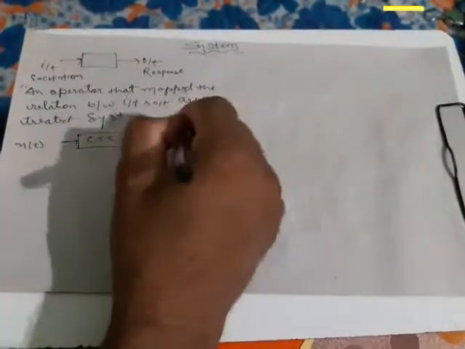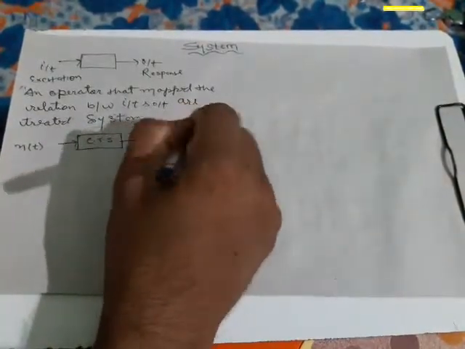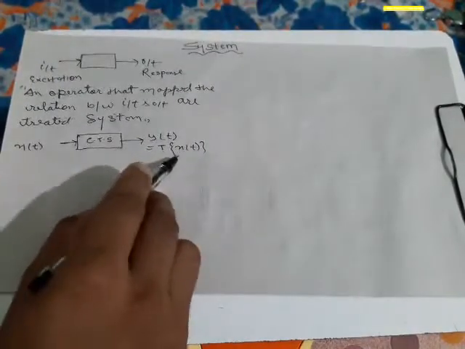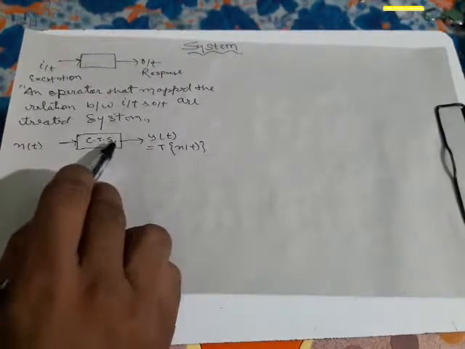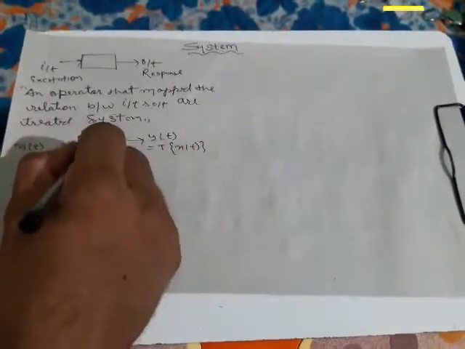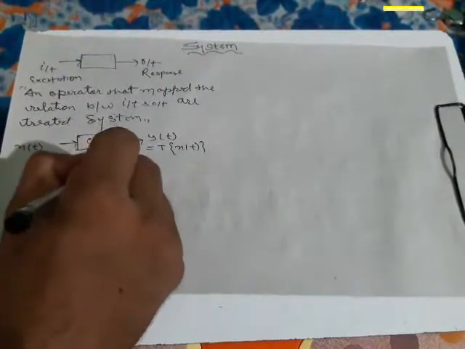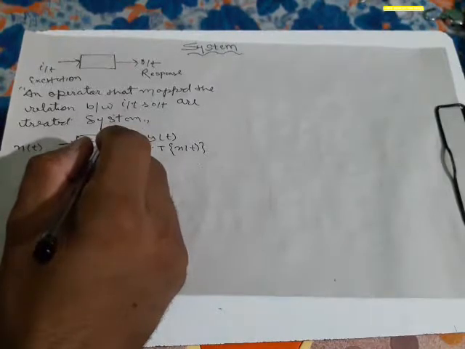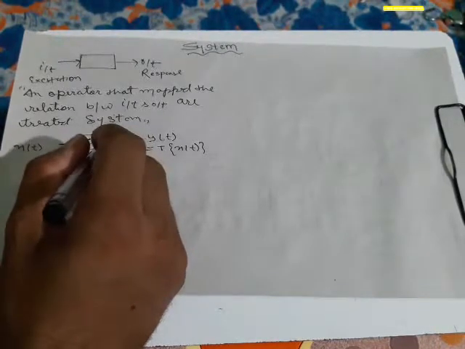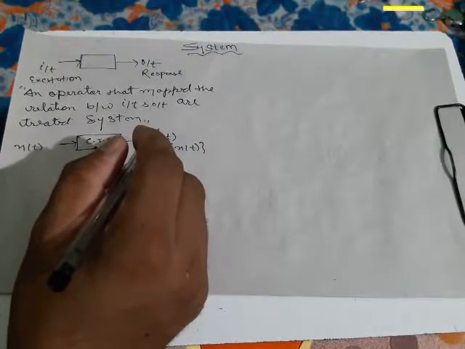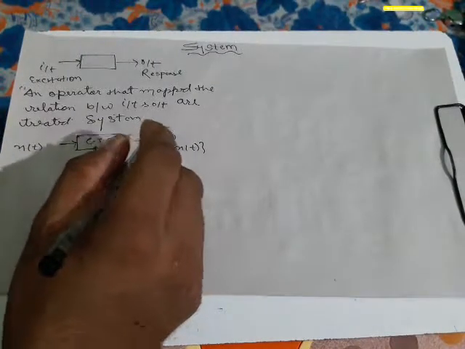Now there are various ways to represent a system. It can be represented through a direct expression, through various equations, impulse response, and state space, and also through a transfer function.